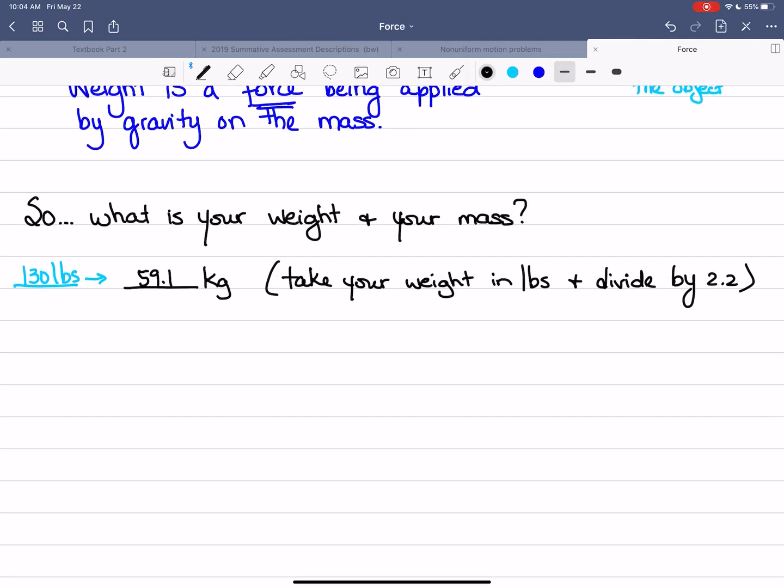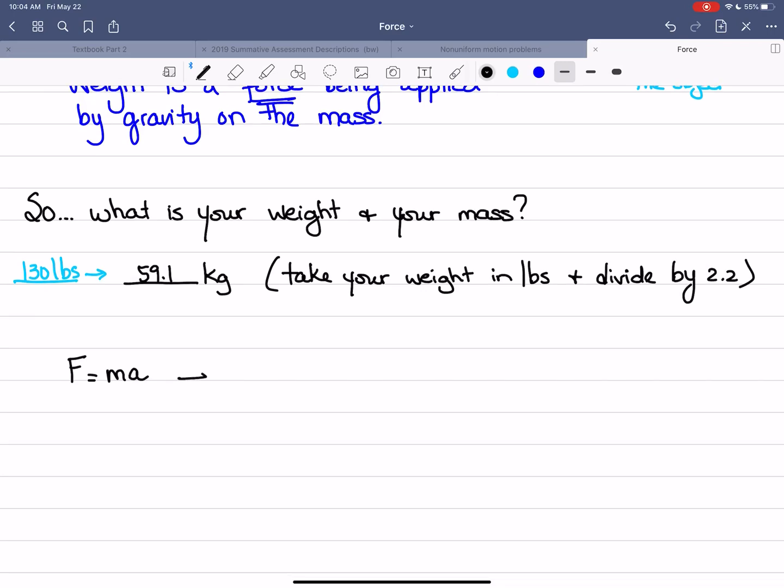Okay, but now we have to find force, mass times acceleration, which is the same thing as saying your weight is your mass times the acceleration. But why do I use this g? Because g is a constant and it is the acceleration due to gravity.